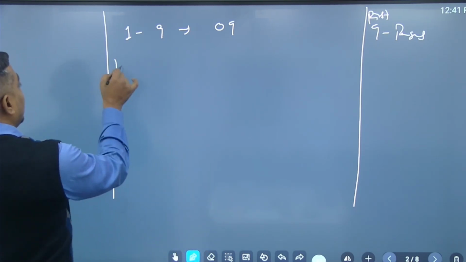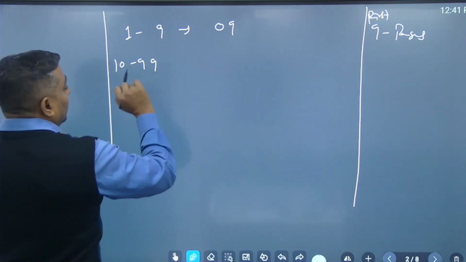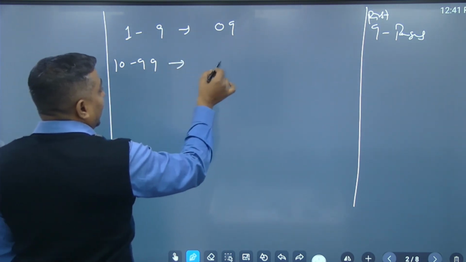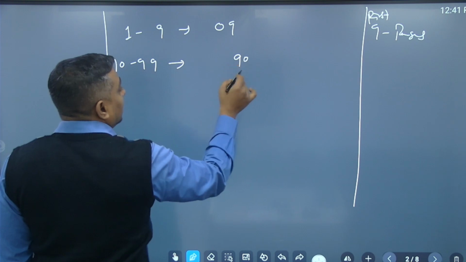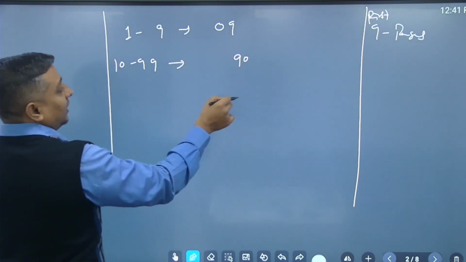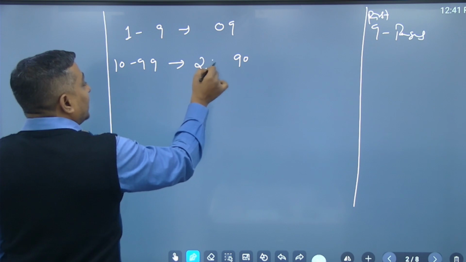How about 10 to 99? There are actually 90 numbers that I am talking about, and each number contains 2 digits.